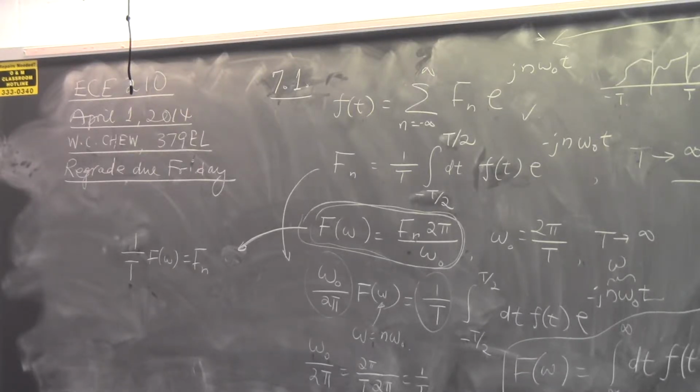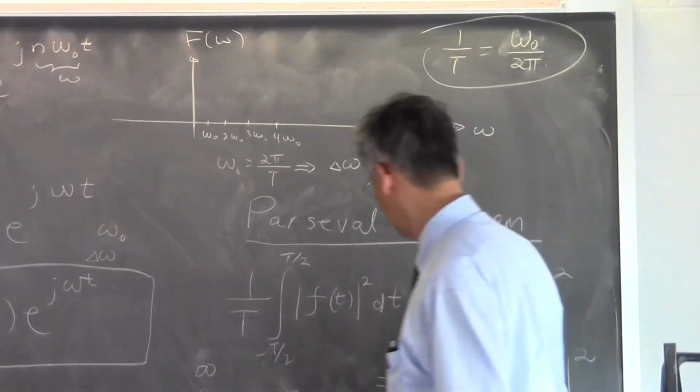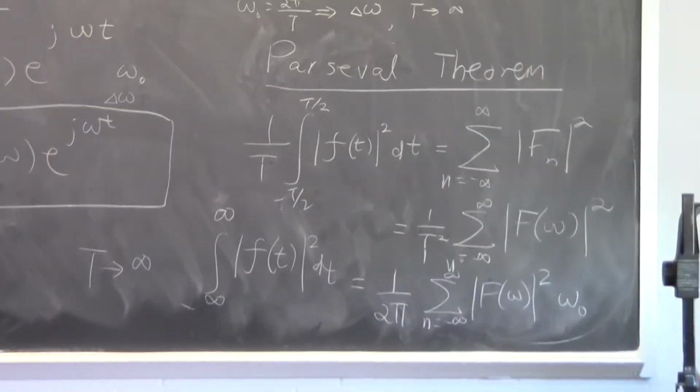So I have 1 over T left, so I keep 1 over 2 pi there, and then I have this left. And then I have omega naught left over there, which I can write like this. But remember what omega naught is. Omega naught becomes a very small number when I let T go into infinity. And hence this can be written as an integral as well. In the limiting case, it becomes an integral.